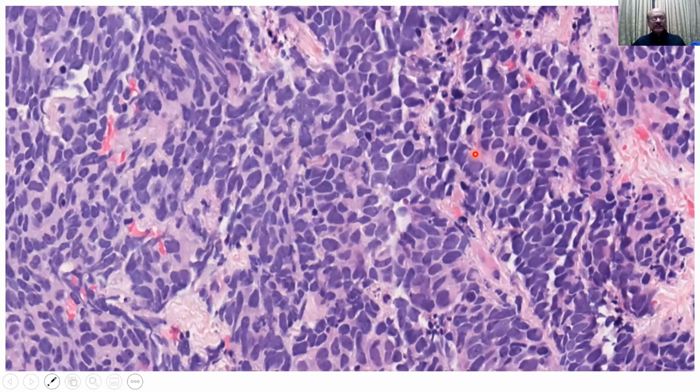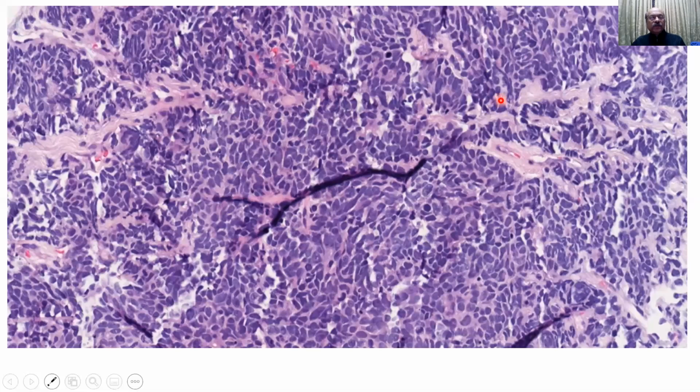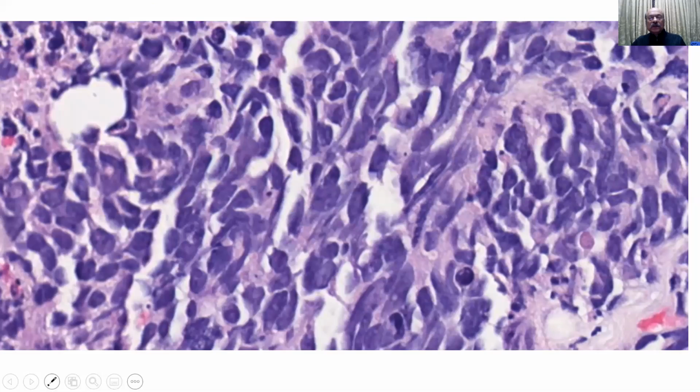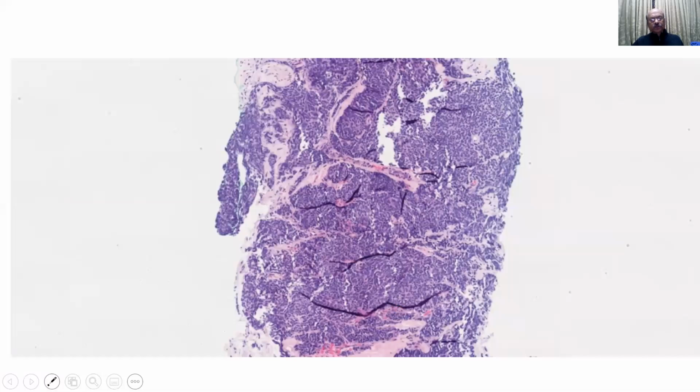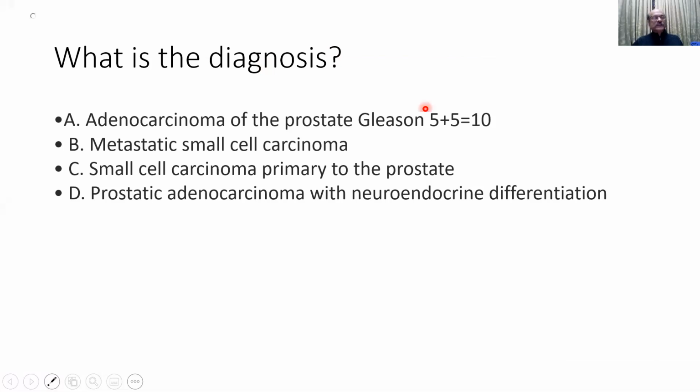The size of the cells is small, no nucleoli. This is high power, no nucleoli, hyperchromatic, closely packed cells. So what is the diagnosis?